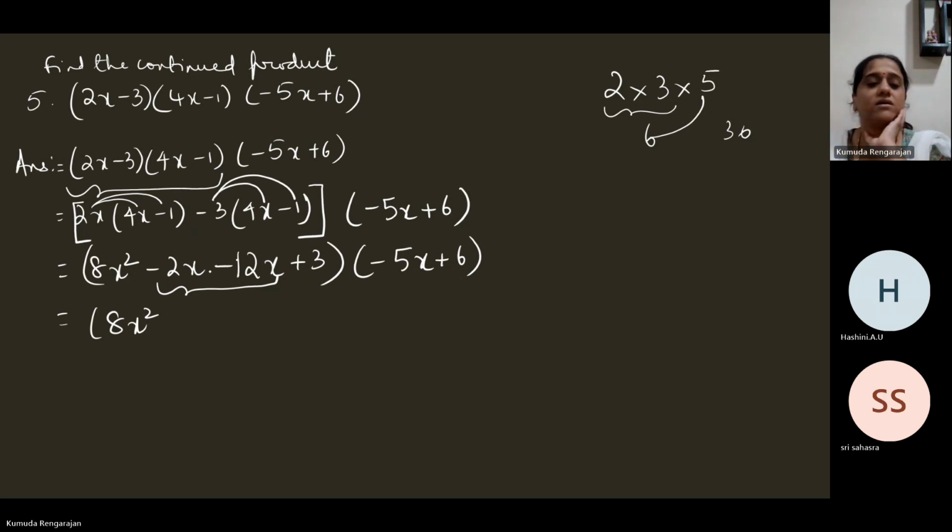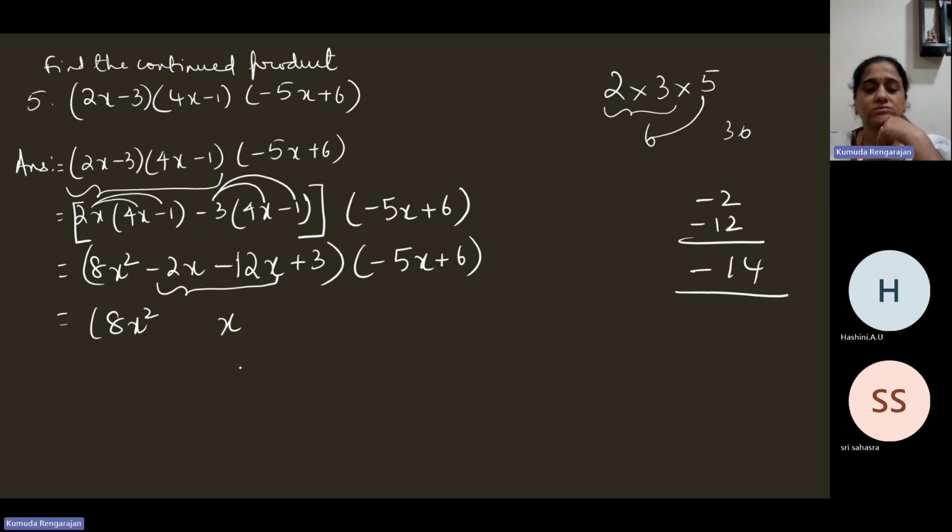Like terms, no, x, x, x. So what's minus 2 minus 12? Minus 2 minus 12. Same signs, add and put the same sign. What is it? Minus 10x.